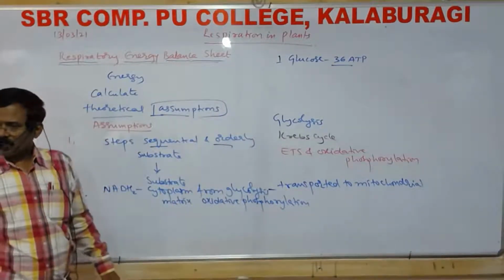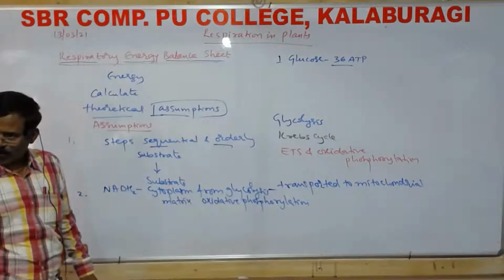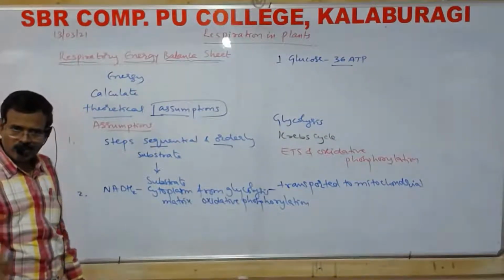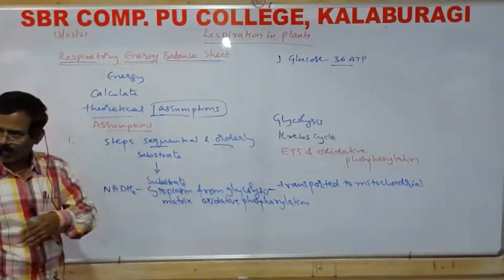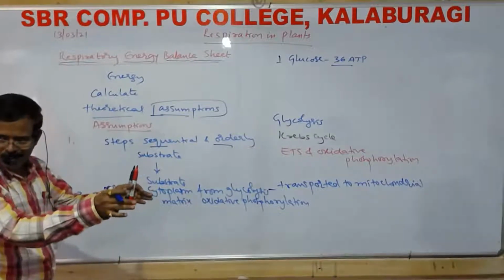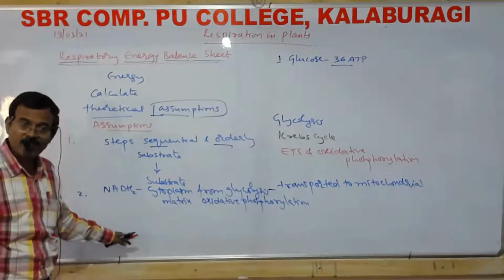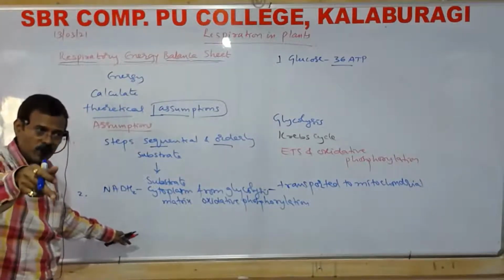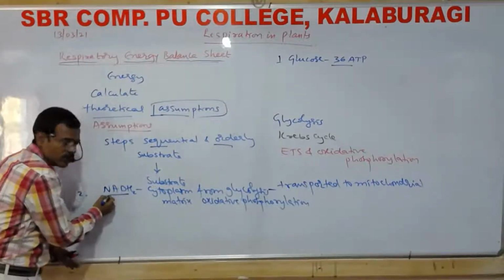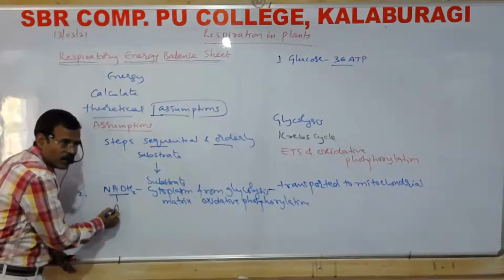So the second assumption says NADH2 produced during glycolysis in the cytoplasm has to be transported to the mitochondrial matrix, where it undergoes oxidative phosphorylation, and only after oxidative phosphorylation is NADH2 oxidation going to release energy.